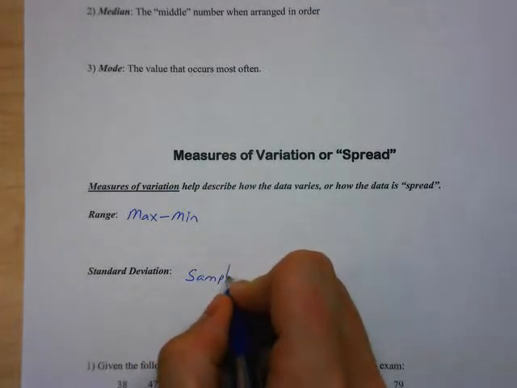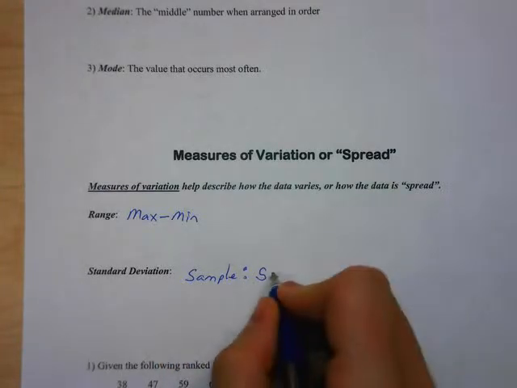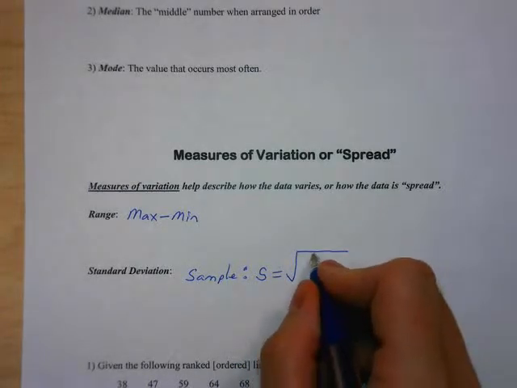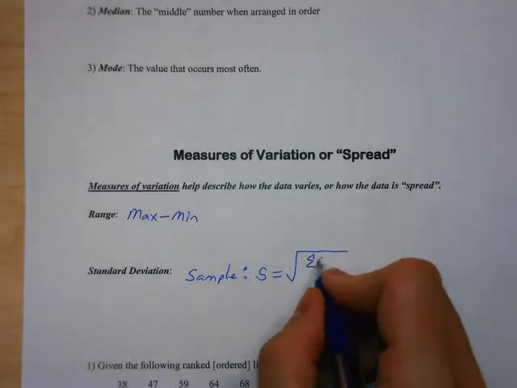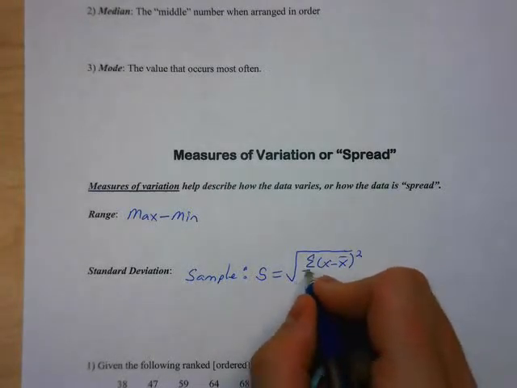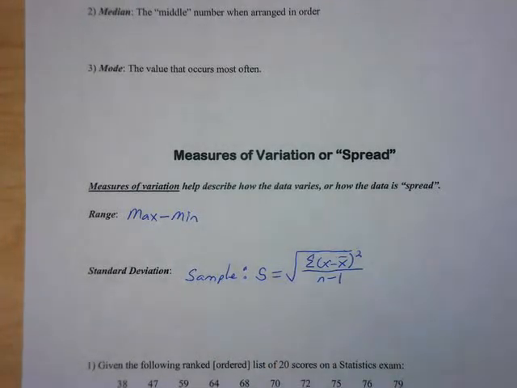For the sample, the symbol is S. Again, you can find this in the book and the videos online, which explain how to use this formula: the square root of the sum of x minus x bar squared over n minus 1 for the sample.